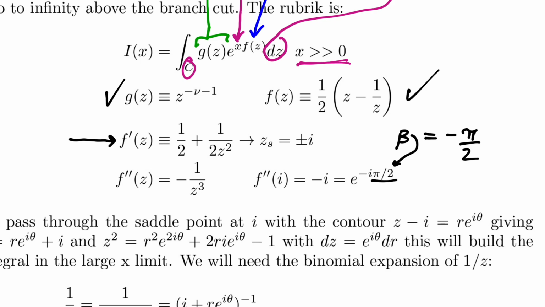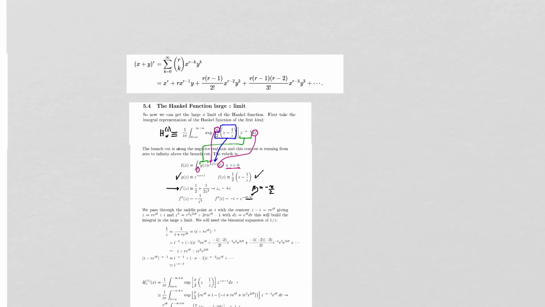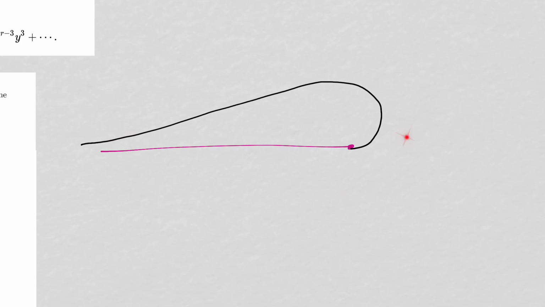Now, our contour has to go through the saddle point, right? So if this is our contour right here, we have to make sure that we leave the origin tangent to the line, come up, and then this is the origin. So this point right here, i, has got to be right there.